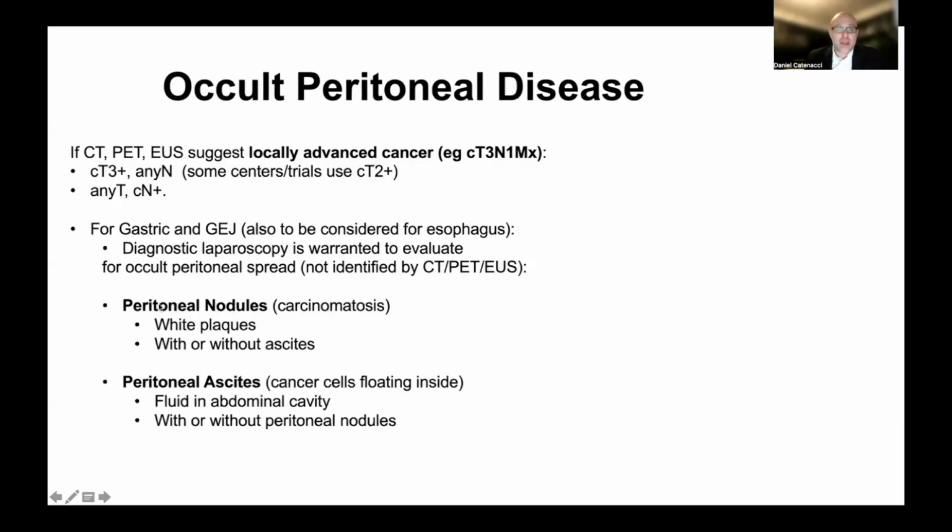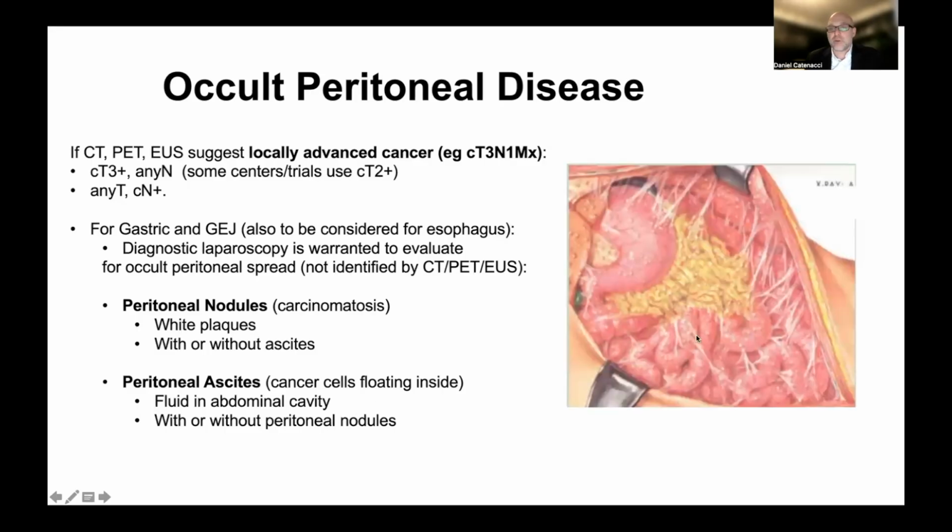If the surgeon, upon entering the abdominal cavity, identifies nodules which look like white plaques, with or without fluid collection or ascites, this would again be called carcinomatosis and would be biopsied and consistent with metastatic spread. Conversely, if there is fluid with cancer cells floating inside it, with or without the visualization of peritoneal nodules, this also would be considered stage 4 spread.